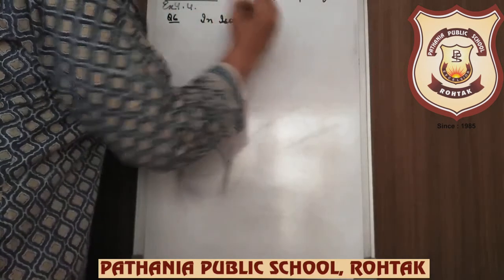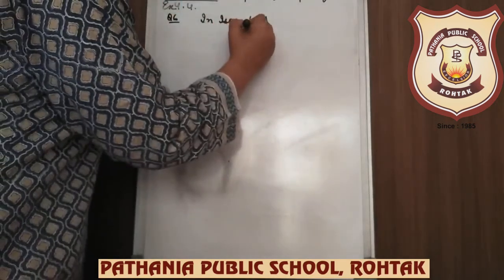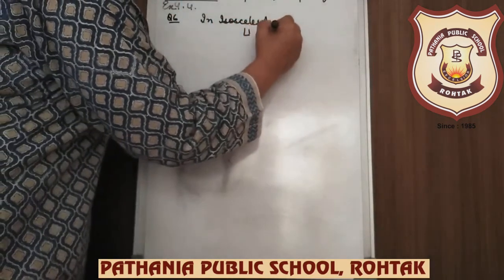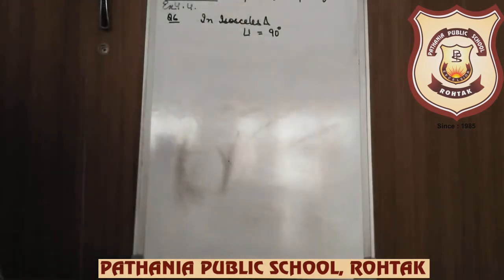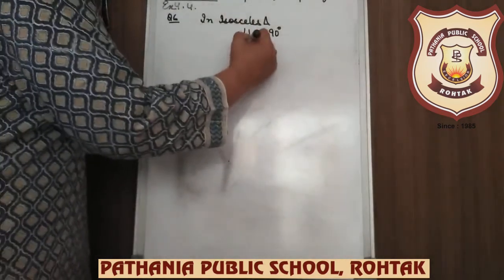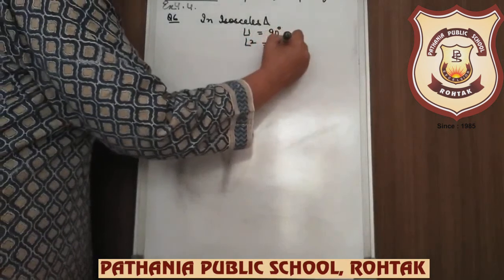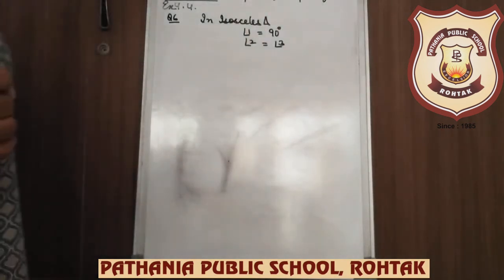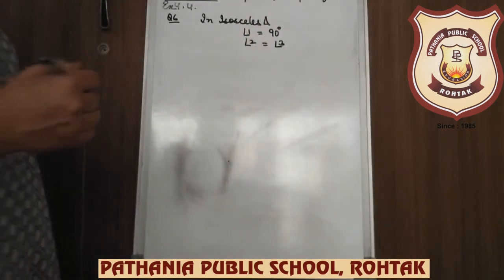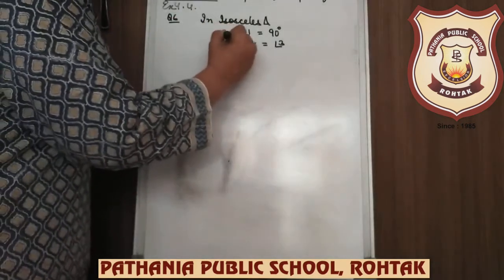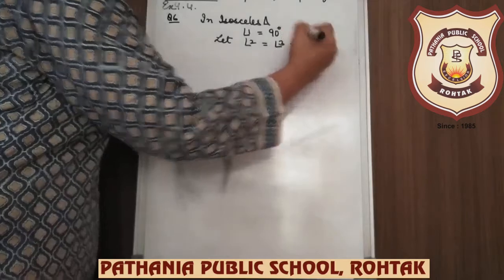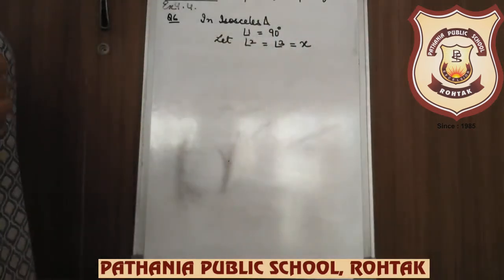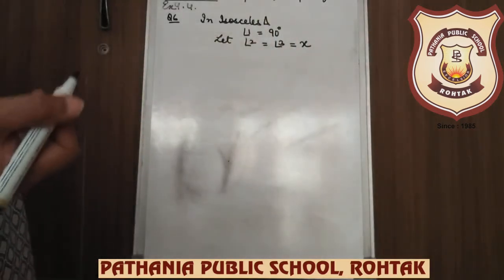Angle 1 is equal to 90 degree. Now you know that as it's an isosceles triangle, angle 2 will be equal to angle 3. The rest of the two angles are going to be equal. So let angle 2 and angle 3 be equal to x. You have taken each angle as x.